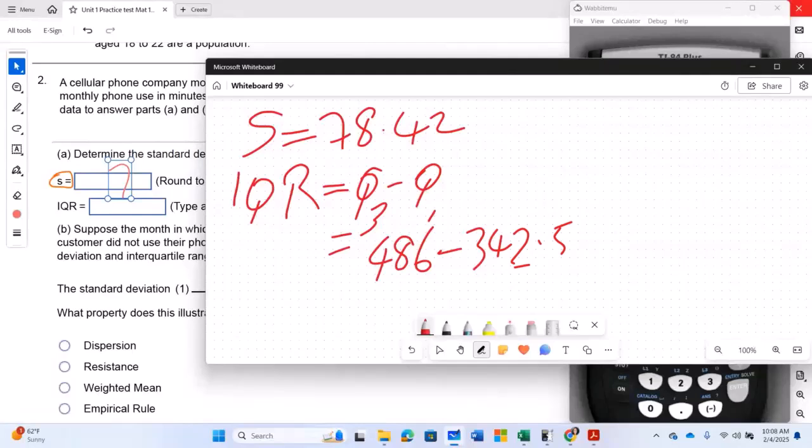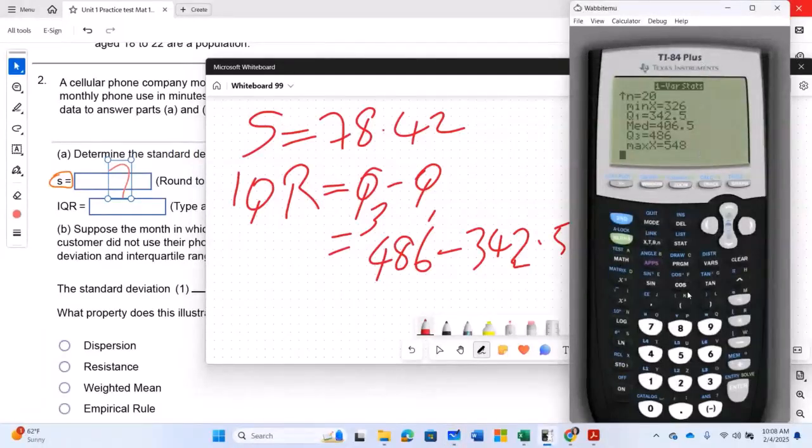Now we want to find the change. What is the IQR? I will quickly go to my calculator, even though I know from here that the IQR should be 143.5, but let me make sure with my calculator.